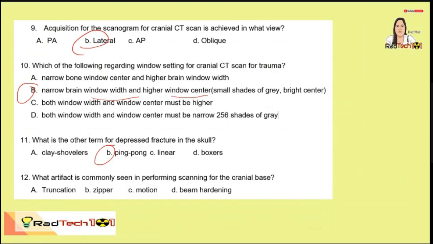Number 12, what artifact is commonly seen in performing scanning for the cranial base? That is the beam hardening. That is the most common artifact seen when we perform cranial base CT scan. Okay, so beam hardening artifact.